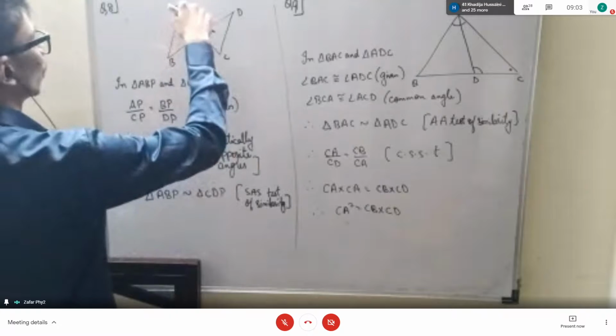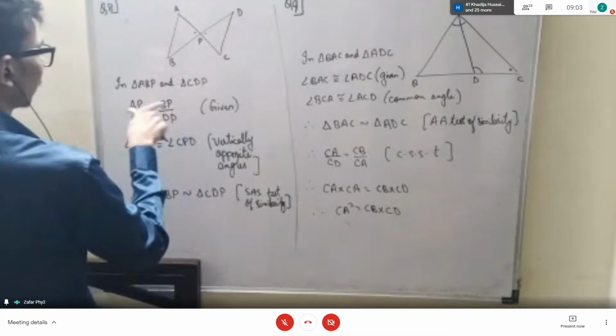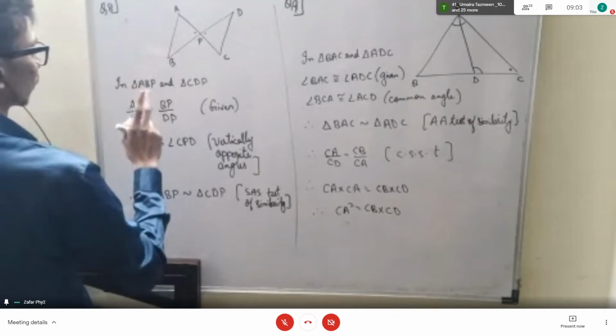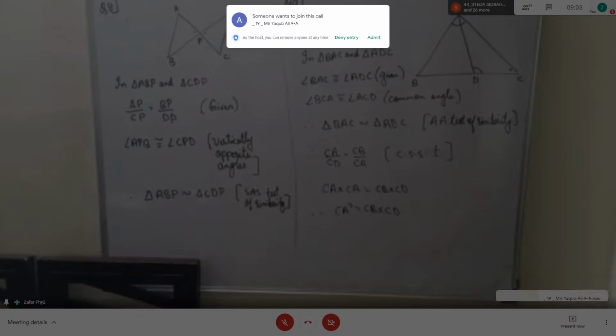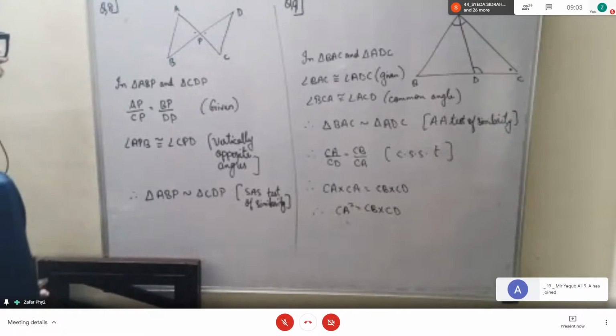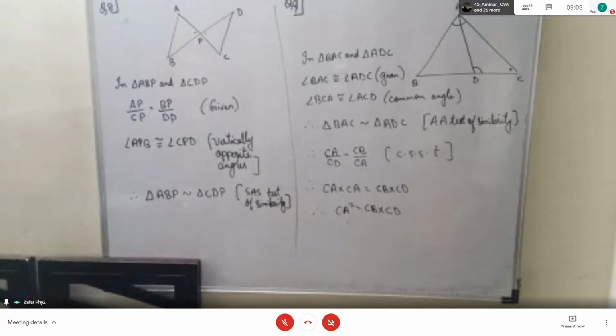Okay, so AP and PB, can you see, two sides are given and the angle between them. So here it is the SAS test of similarity. We can prove that these two triangles are similar.